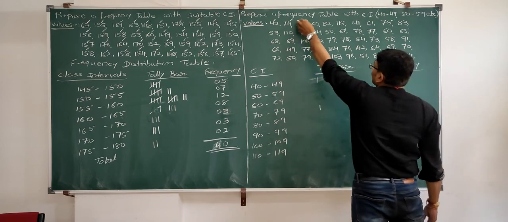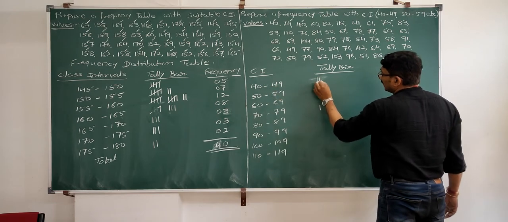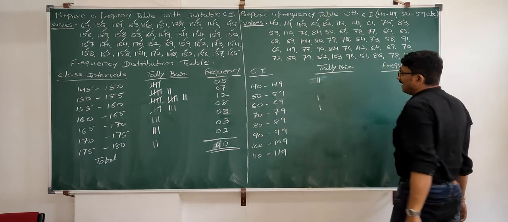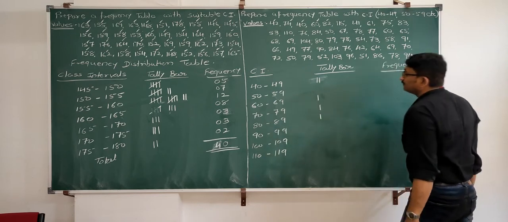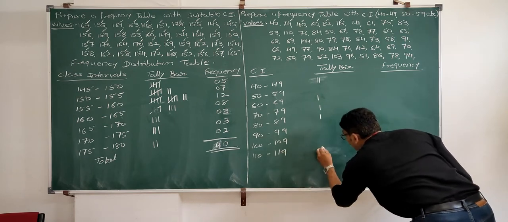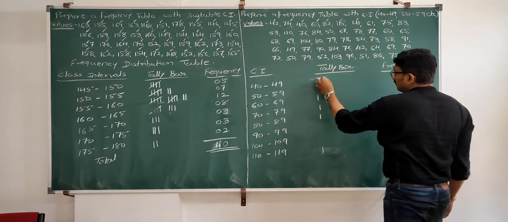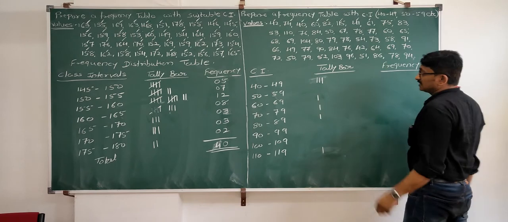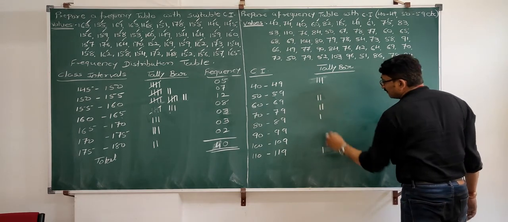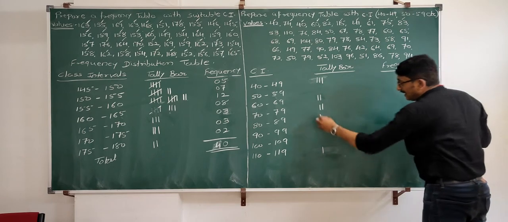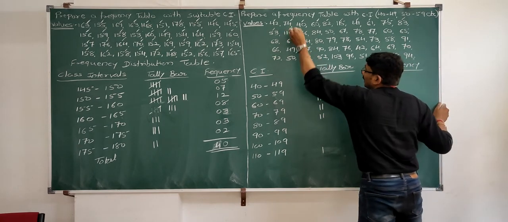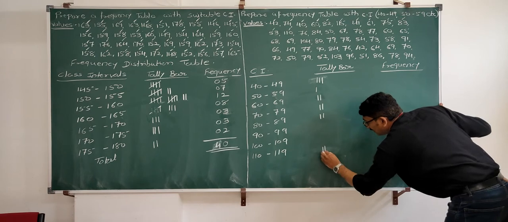Mark it. 40 comes under again 40 to 49. 60 comes under 60 to 69. 82 comes under 80 to 89. 115 comes under 110 to 119. 41 comes under 40 to 49. 61 comes under 60 to 69. 75 comes under 70 to 79. 80 to 89. 50 to 59. 110 comes under 110 to 119.